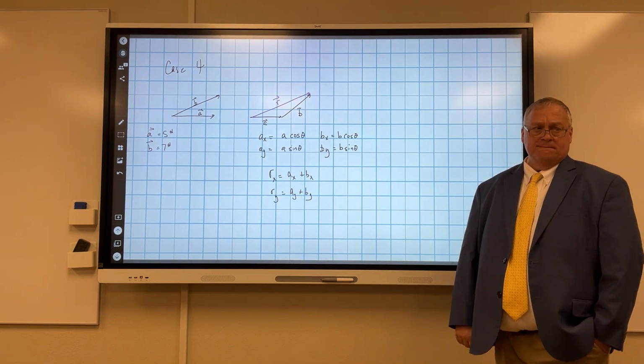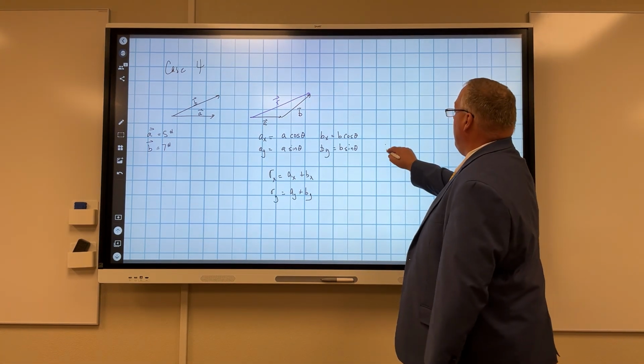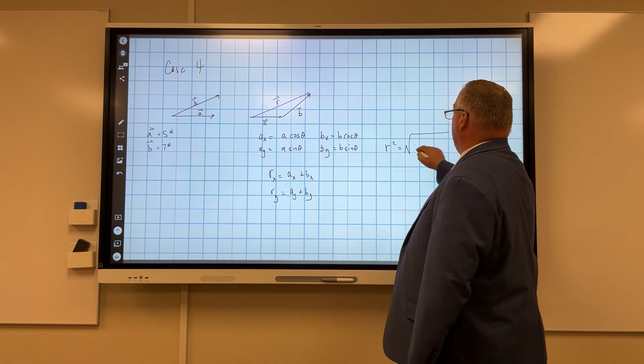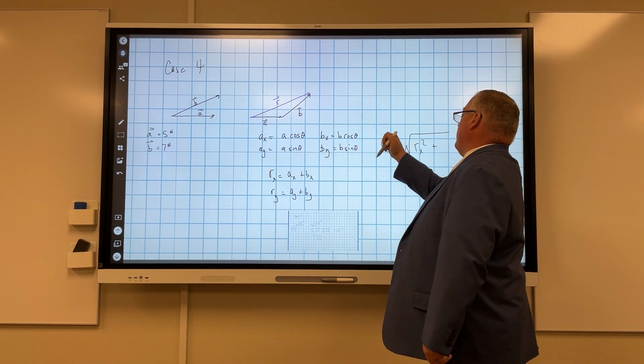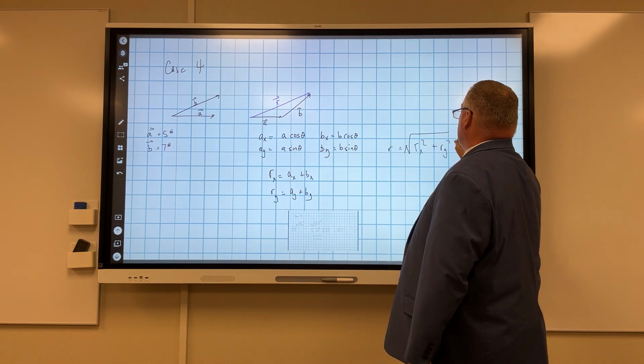Okay? Now, how can we find the magnitude of R? R is equal to the square root of Rx squared plus Ry squared.